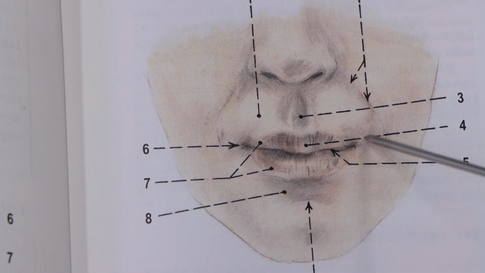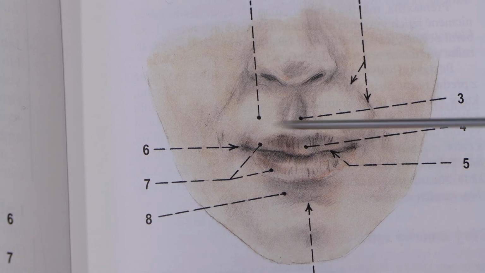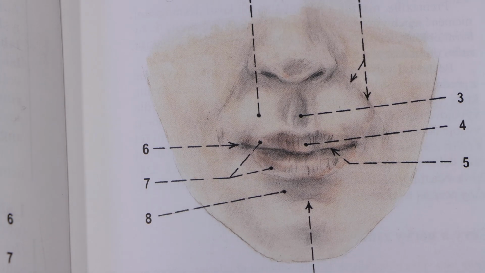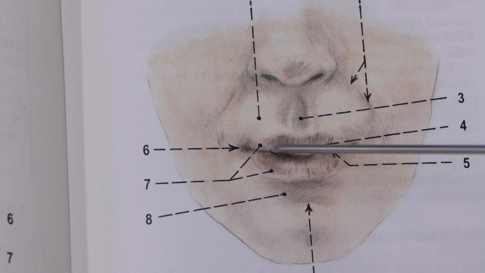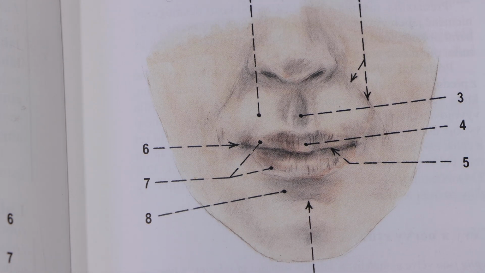The angulus oris is the angle of the oral cavity, or the angle of the lip. Then the free border between the upper lip and lower lip is this part, which is called the rima oris.